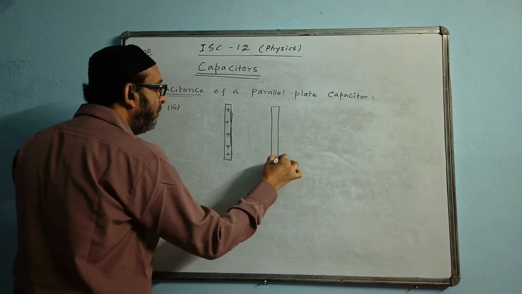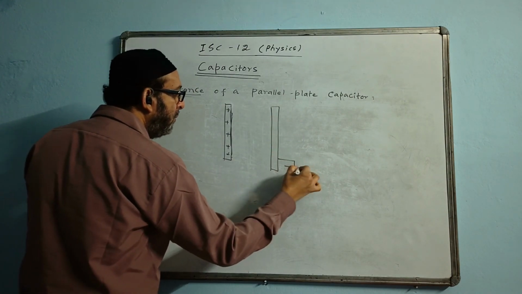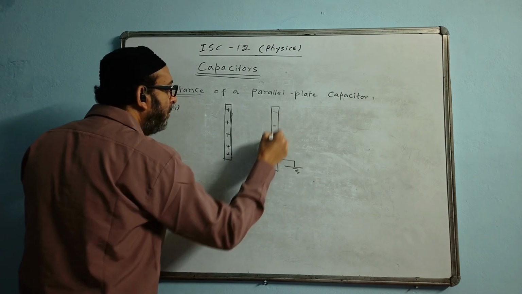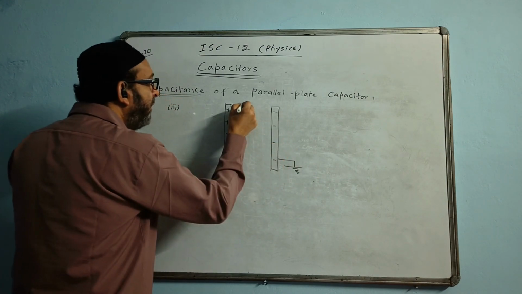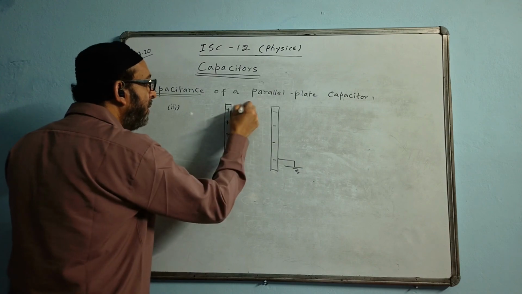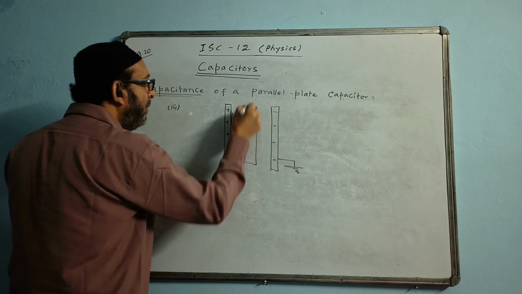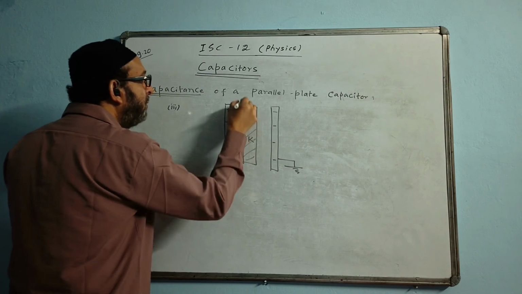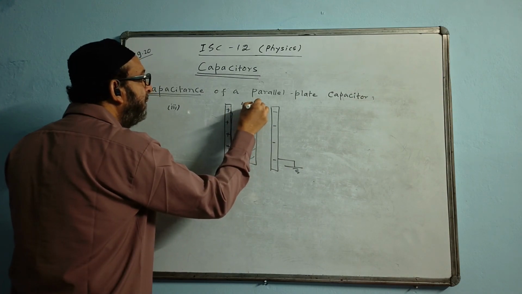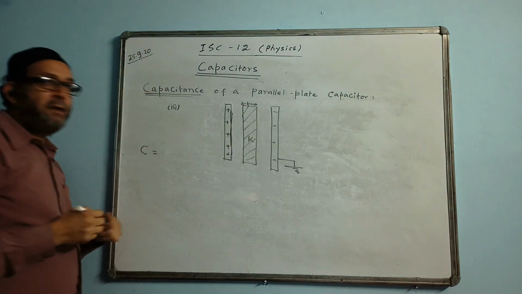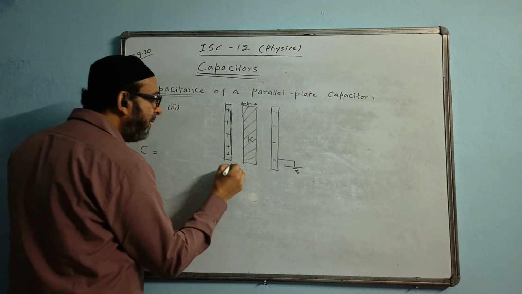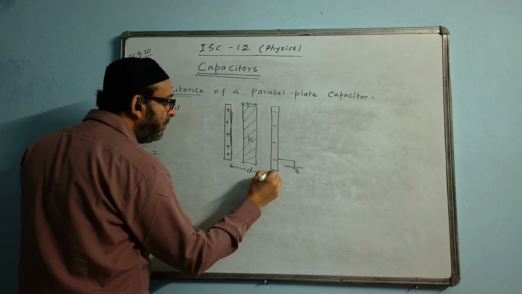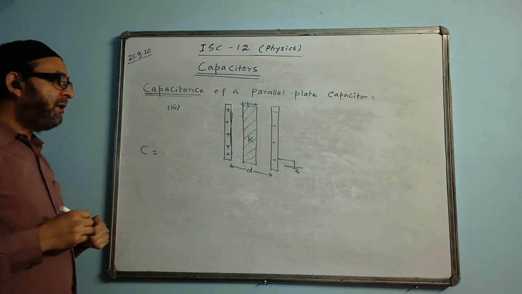We are having a dielectric of dielectric constant K, only one, and the thickness of this dielectric is T. And the distance between the plates is D.